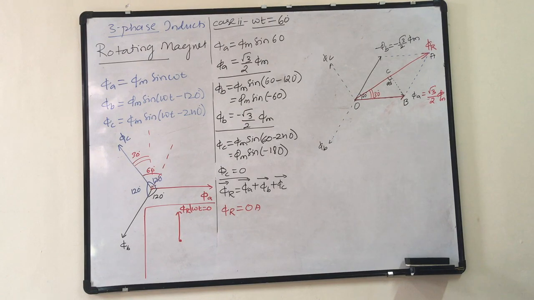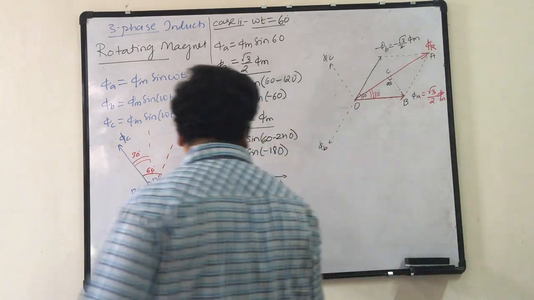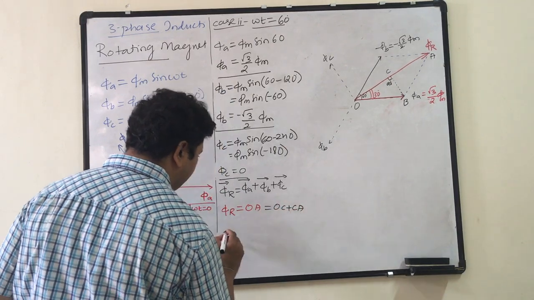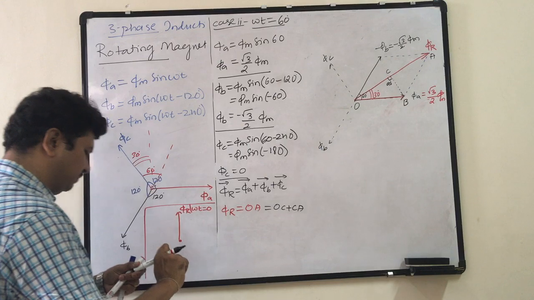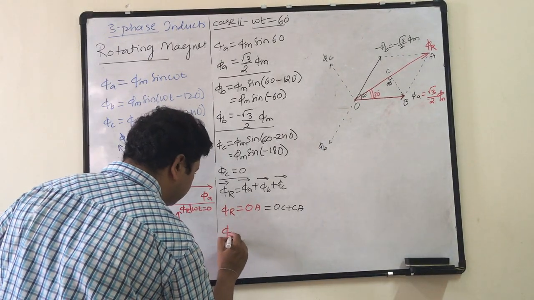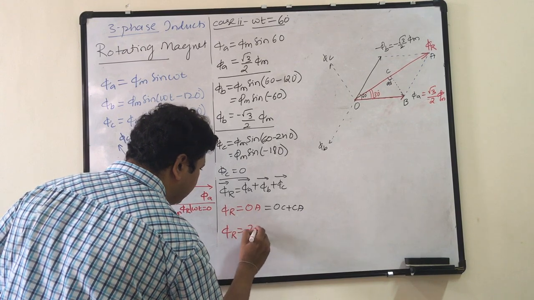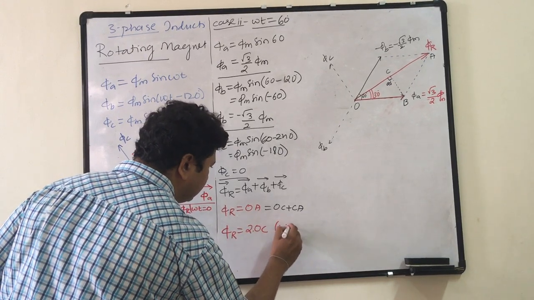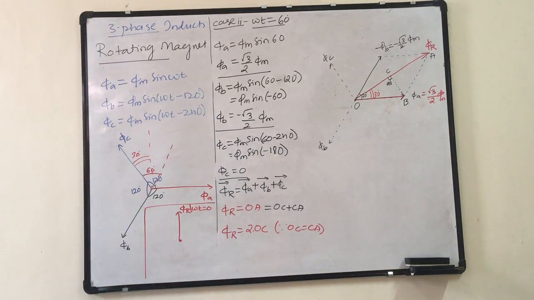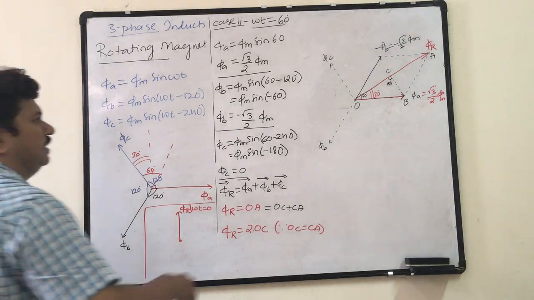Now I can write OA is equal to OC plus CA, and phi r is equal to two into OC, because OC is equal to CA. But what is OC?